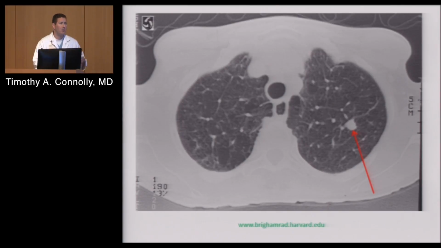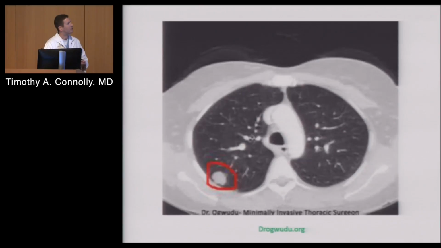Now, if this is someone young, smoked their head off, you get a positive PET scan, you're just going to send them to surgery and cut that lobe out. But when it's the 85-year-old grandma with minimal lung capacity, it puts you in a much tougher situation. This one is nice because it's up against the edge. That one's going to be easier to send to the radiologist for a CT-guided biopsy.